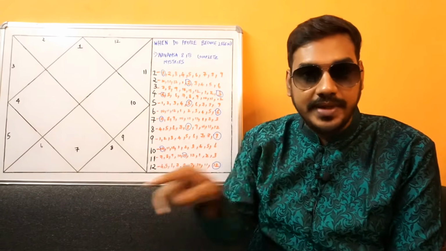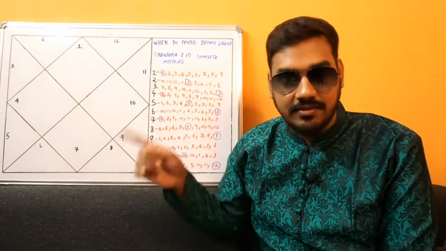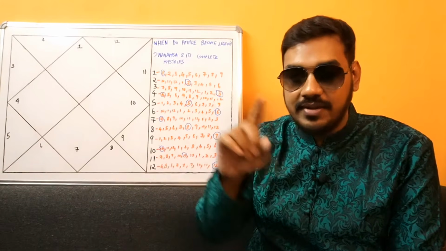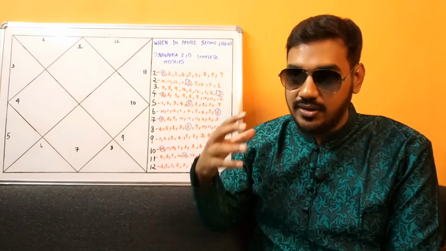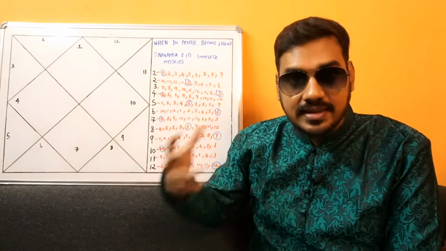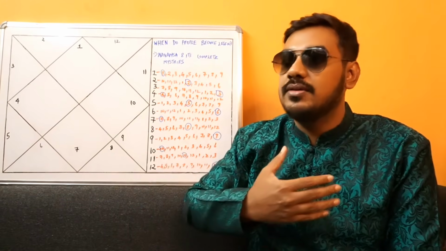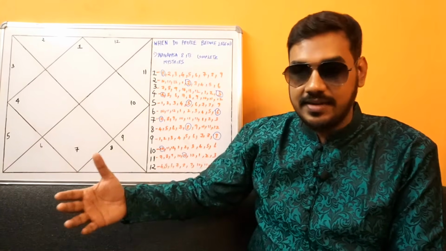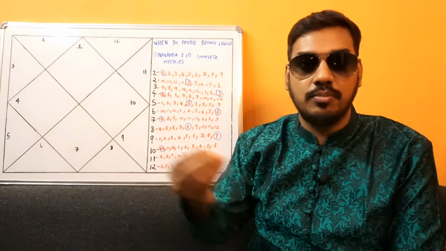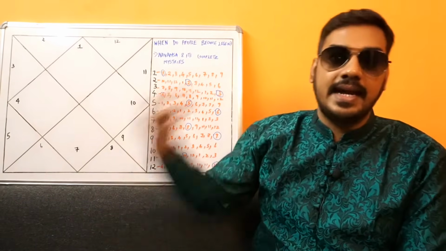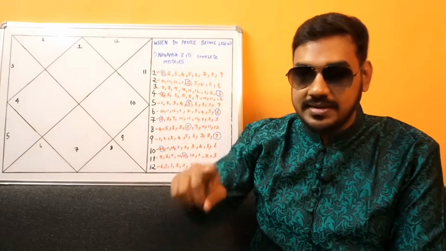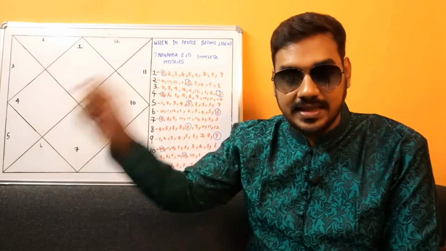Now what does it mean to have different ascendants in the Navamsa? Let's say that you are having an Aries ascendant in the Navamsa, then you are going to be a lot of energetic and you are going to spend your energy behind physical activities. So you can be a sports person or a policeman or somebody who is very dynamic, alright. Similarly, let's say you have got a Sagittarius rising in the Navamsa chart.